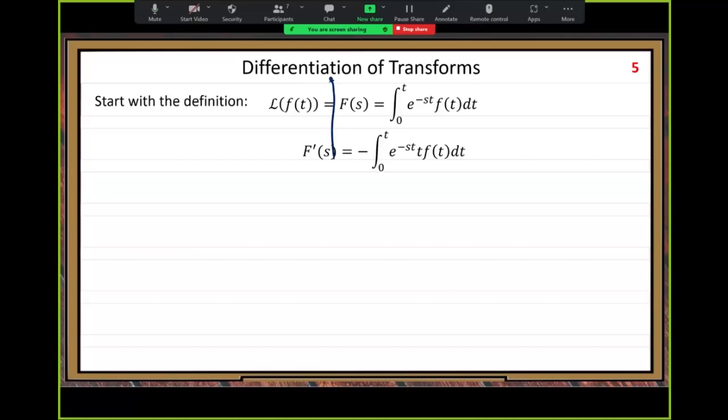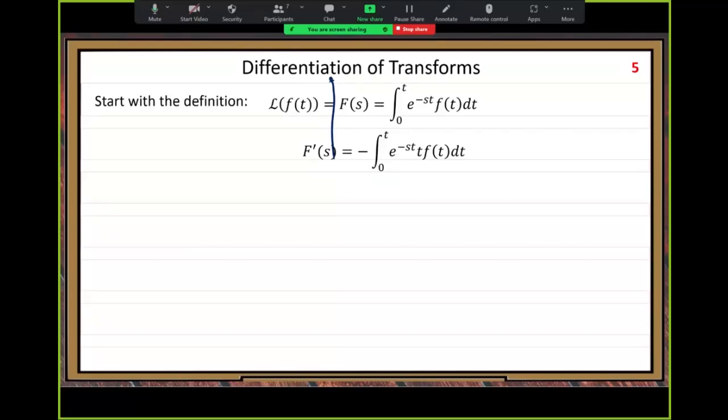you have an integral. Inside the integral, you have a function with a variable s. Then the whole integral is a function of s. It is possible to apply a derivative on that whole function.